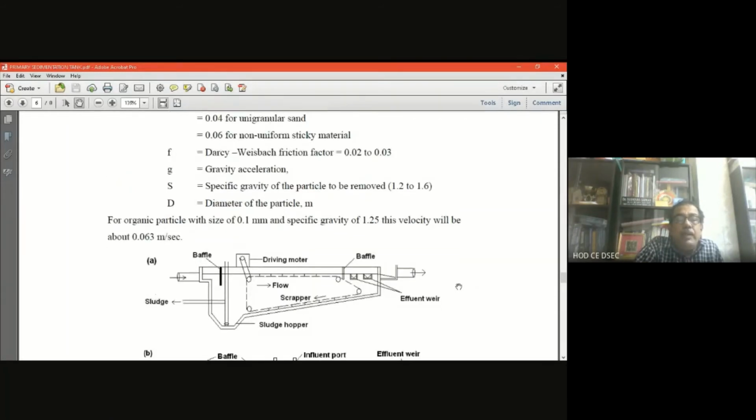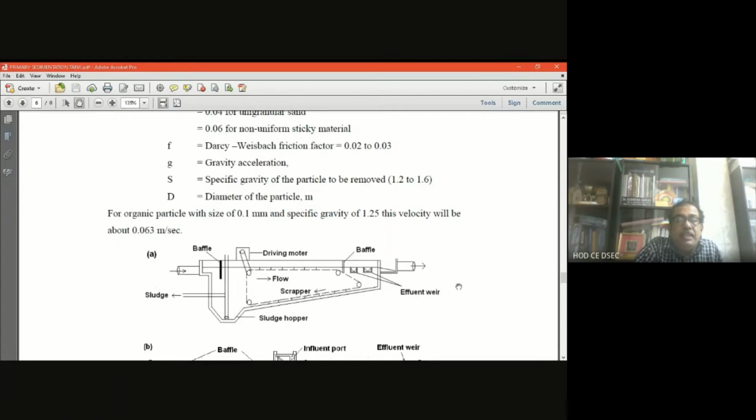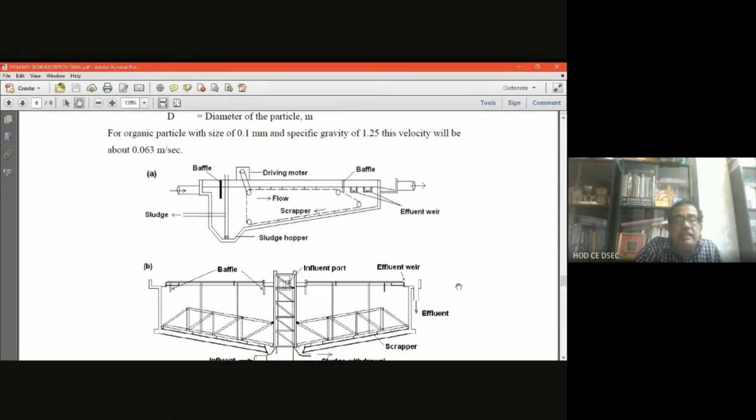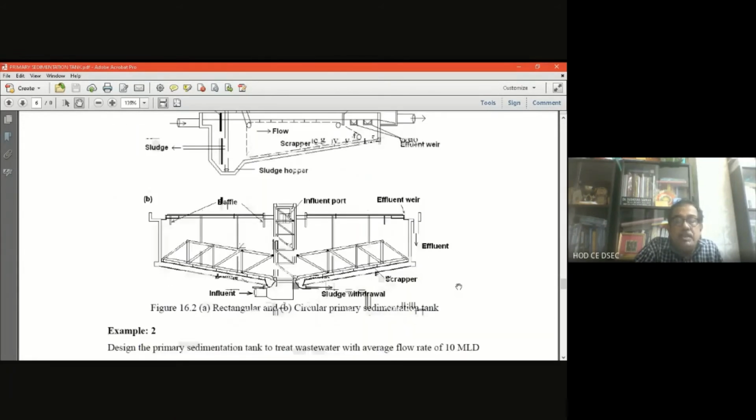Now coming to the picture, the top is the rectangular tank cross section and the bottom is the circular tank cross section.